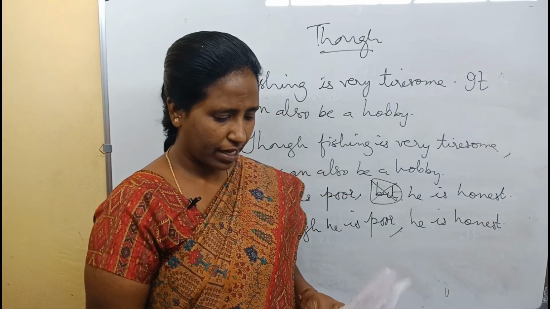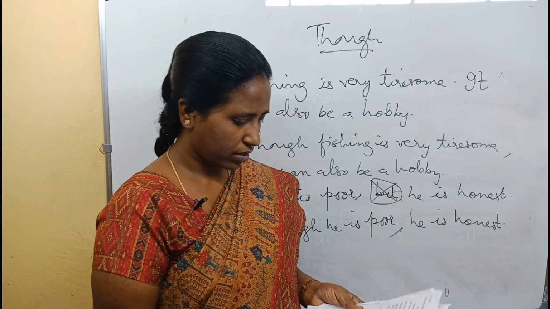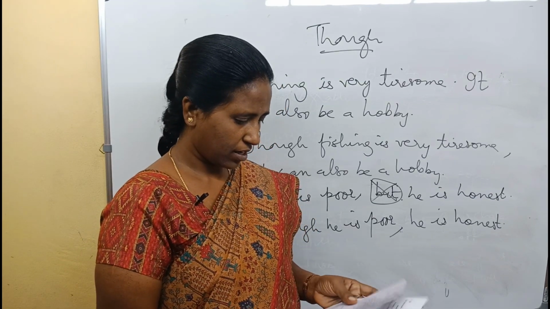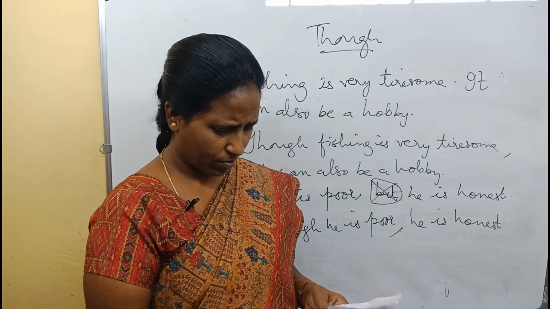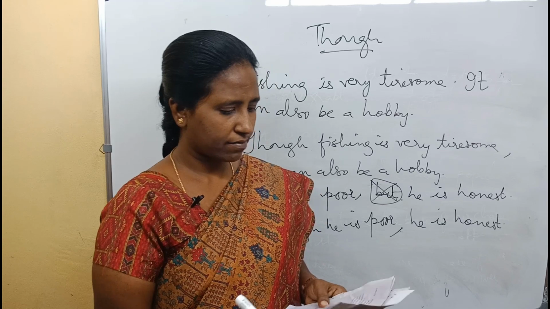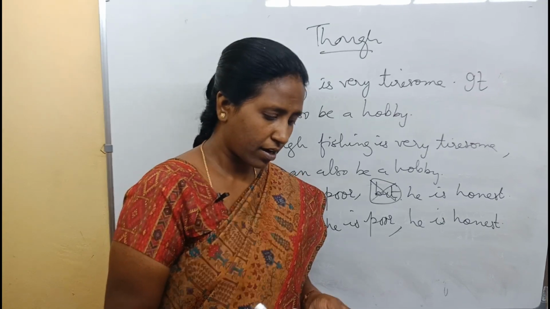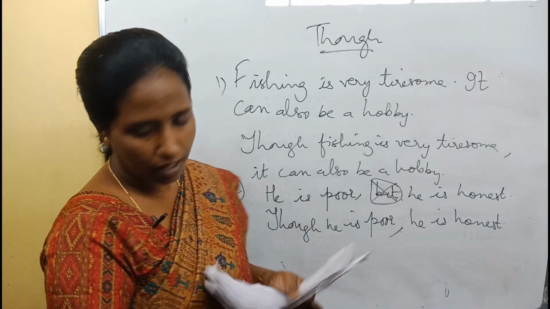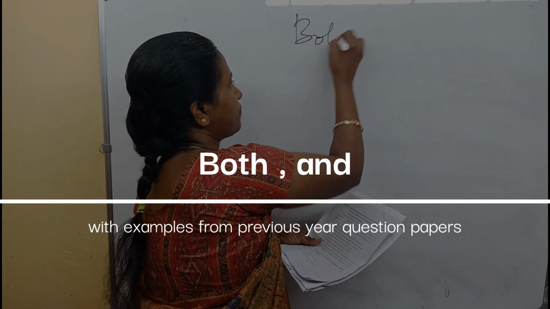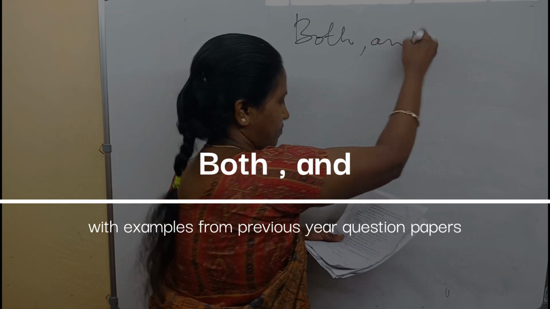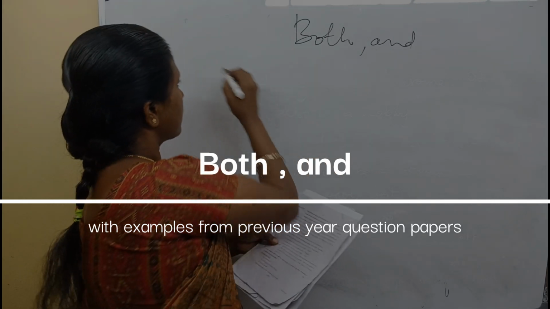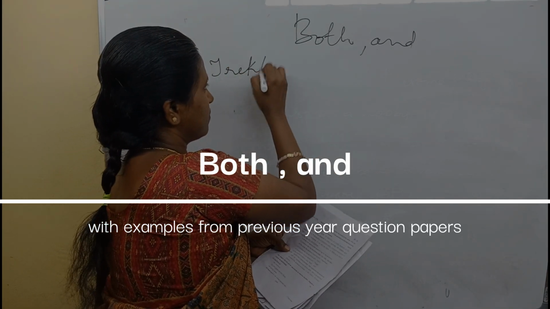Okay, so we have almost completed all the concepts. Now one thing, either or, neither nor. Okay, so one more is there here, both and. Trekking as well as traveling are very rare hobbies. How will you combine this? Now both and.